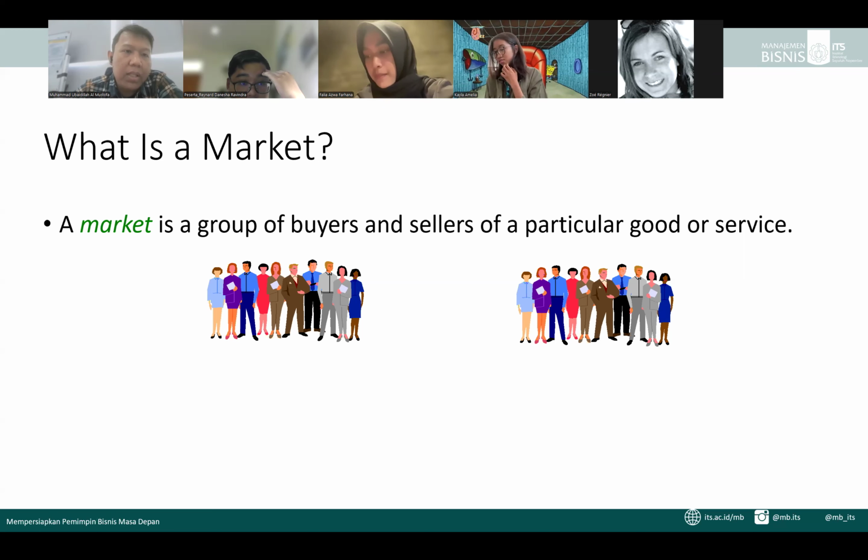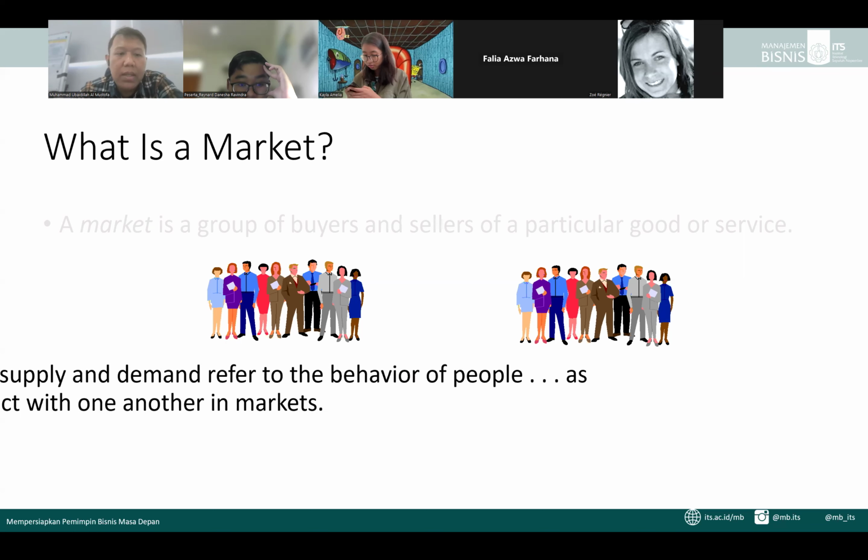We call this a marketplace, or e-commerce, or online marketplace. So it is no longer a place. It can be a platform, a website, or an application. So a market is a medium where a group of buyers and sellers exchange goods and services. They meet each other to trade, or to sell some products.